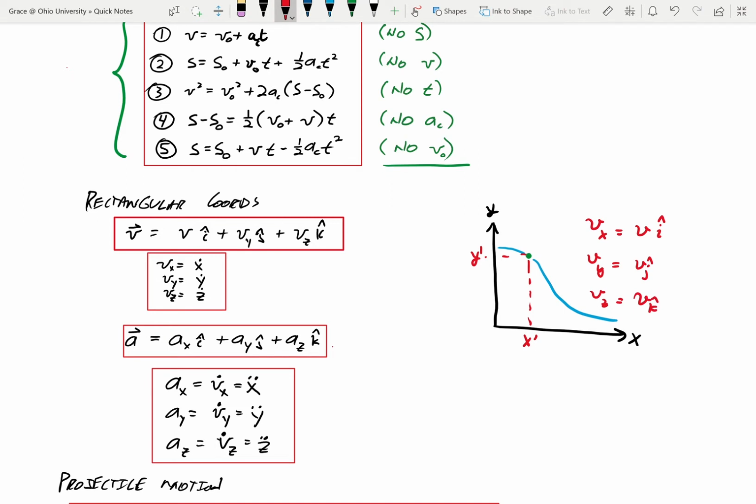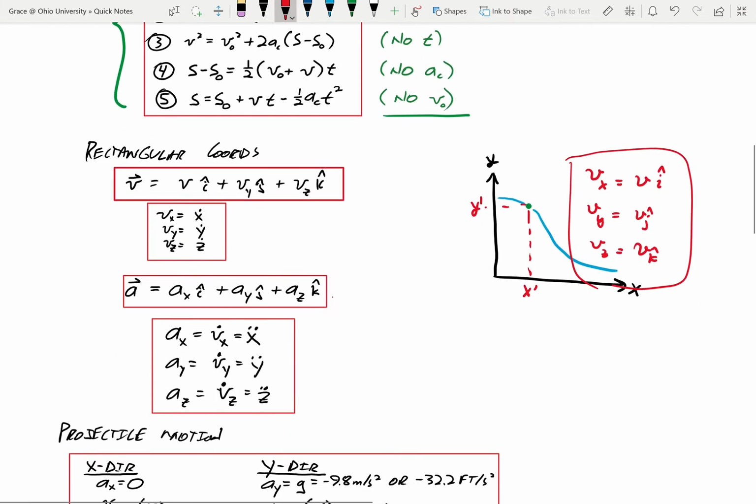So you should be able to break up velocity into its components because velocity or acceleration, depending, are vectors, and you should be able to break them up, right? So when you have displacement in the x direction, y direction, or z direction, you can find the derivative of it to be able to get velocity at x, velocity at y, and velocity at z. In the same way, acceleration can be broken up into the individual components.